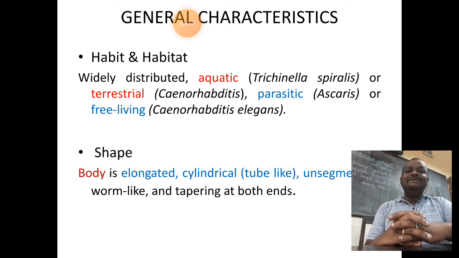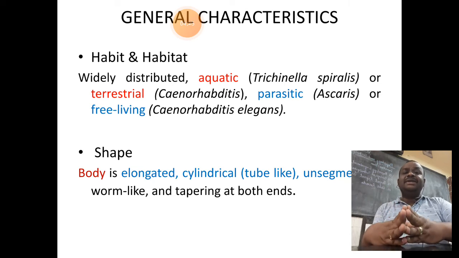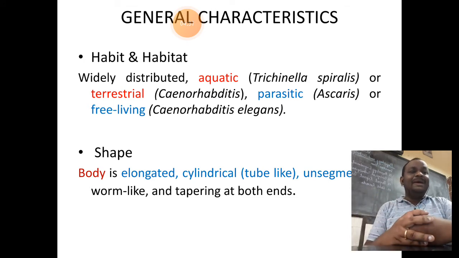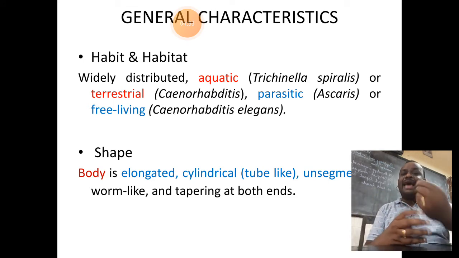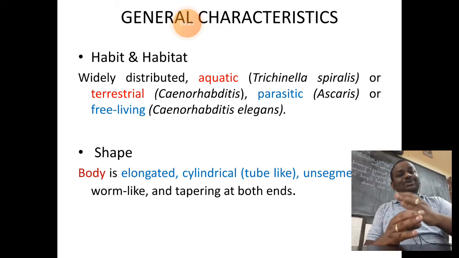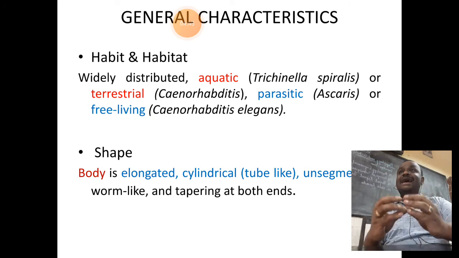The animal that lives in aquatic conditions is Trichinella spiralis. It is an aquatic form which lives in the water, infecting the animals that live in the water. They are also terrestrial, meaning they live on land, inside the soil. So, we have soil nematodes.